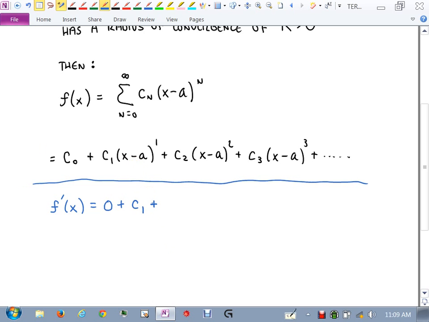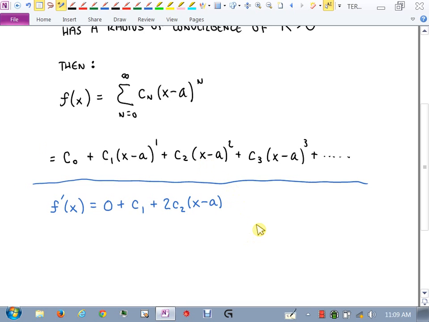Plus, now my c2 again is a constant, don't worry about it, but here I have my linear expression to the second power, so I need to do like a chain rule. 2 comes out, right? 2 times c2. And then I take the power down 1, so it's x minus a to the first power, then times the derivative of what's inside, which is just 1. Yes?